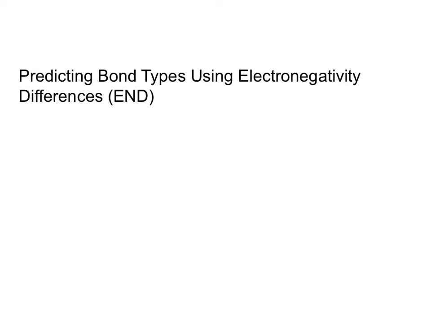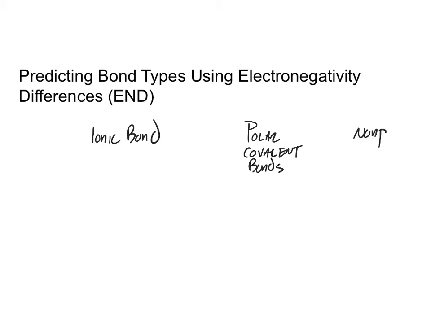We have ionic bonds over here, and we have polar covalent bonds over here, and then nonpolar covalent bonds over here. And the issue is that with the polar versus nonpolar versus ionic bonds, there's something that we can do to identify what the actual bond is.